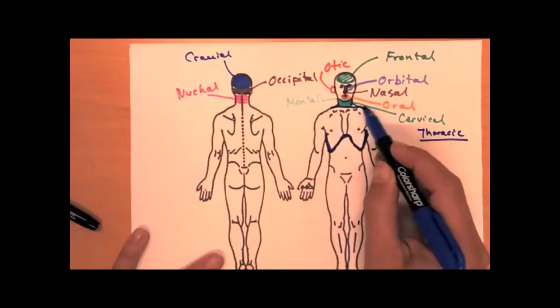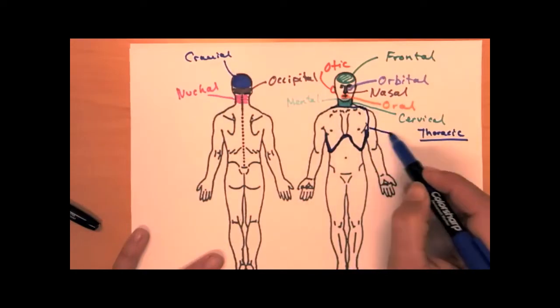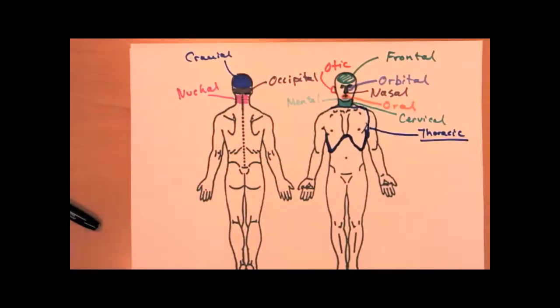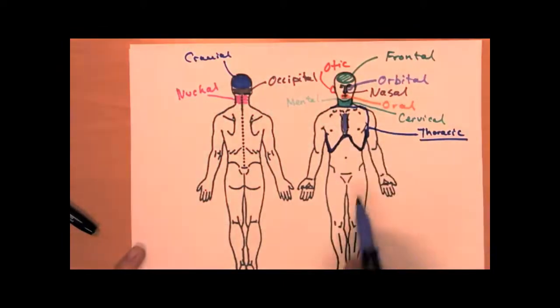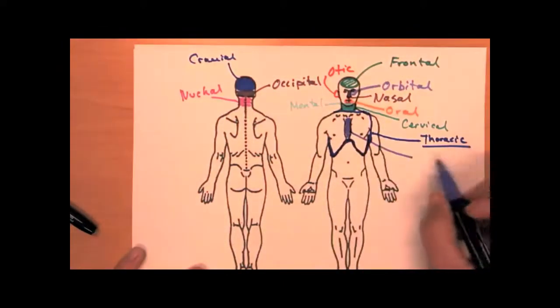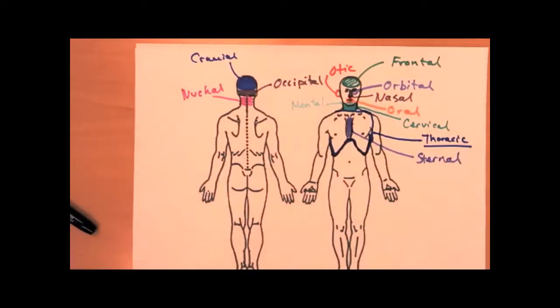And so your chest down to your diaphragm is the thoracic region. Within the thoracic region, your sternum, your breastbone, gives rise to the name sternal. So in the region on your breastbone, this is your sternal region.